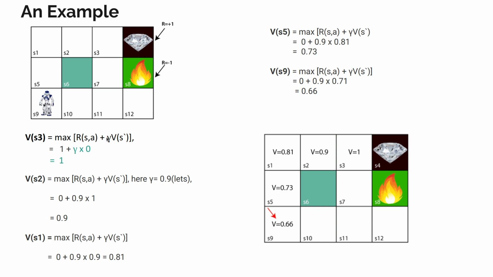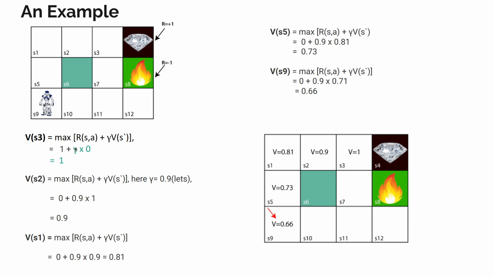So I have chosen this one, going upward, plus the value of that state, the value of the fourth floor. So I am at the third floor, I am asking what is the value of the third floor. It is equivalent to the reward you get for transitioning from third floor to fourth floor, which is R of S, A, plus the value of the fourth floor, right? So the value of the fourth floor plus the current reward you got. So this is how it has been enumerated, a recurrent solution, and based on that everything is calculated.